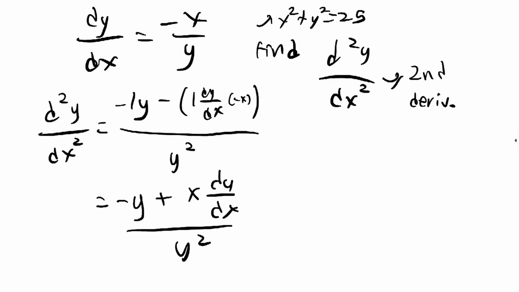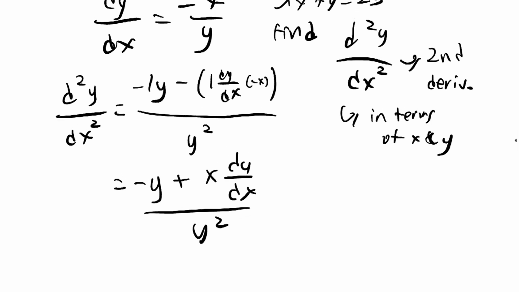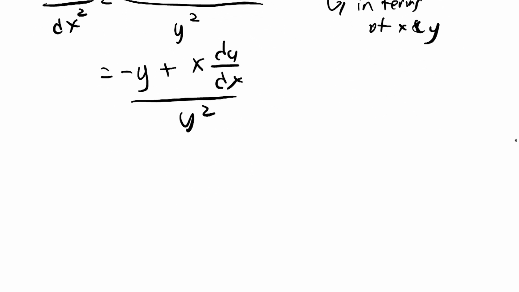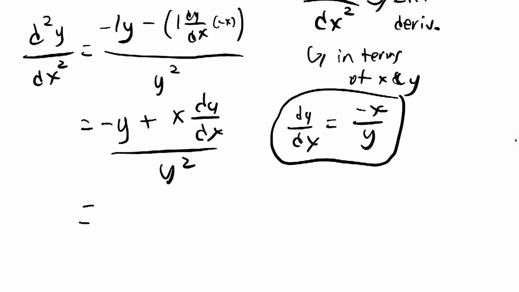And now the problem is going to ask you to write in terms of x and y. So we can't have this dy dx term, so we need to substitute this back into the formula. We have dy dx, have this little box here.